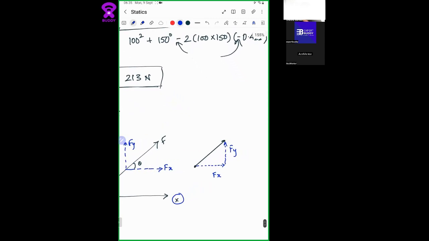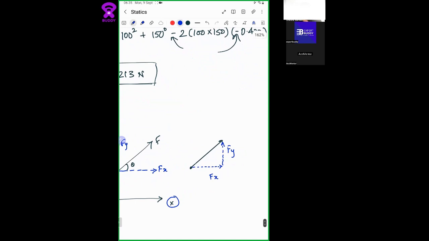Zooming in, this theta over here will help you to get Fx. How? You can do F cos theta for Fx. So if you take F cos theta, it is nothing but Fx. And if you take F sine theta, it's nothing but Fy.